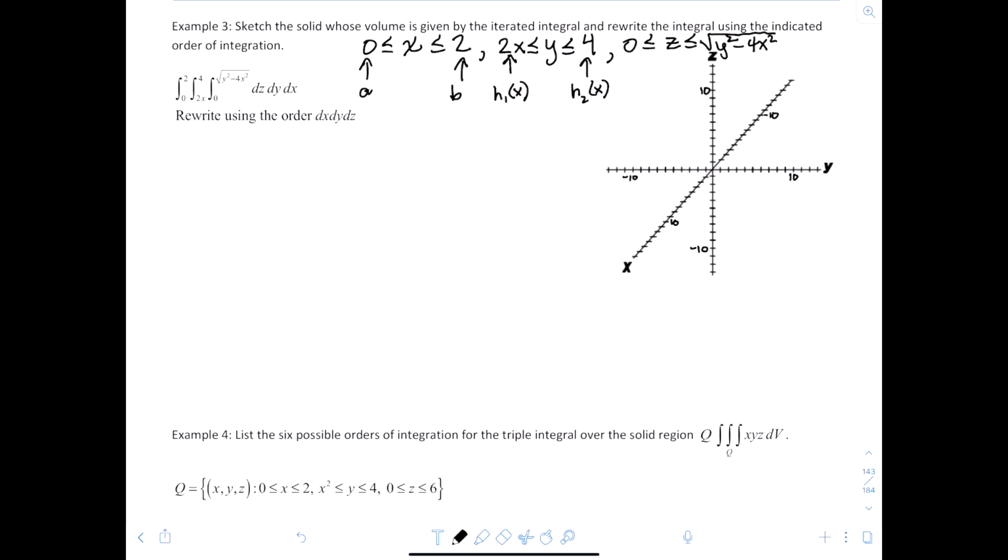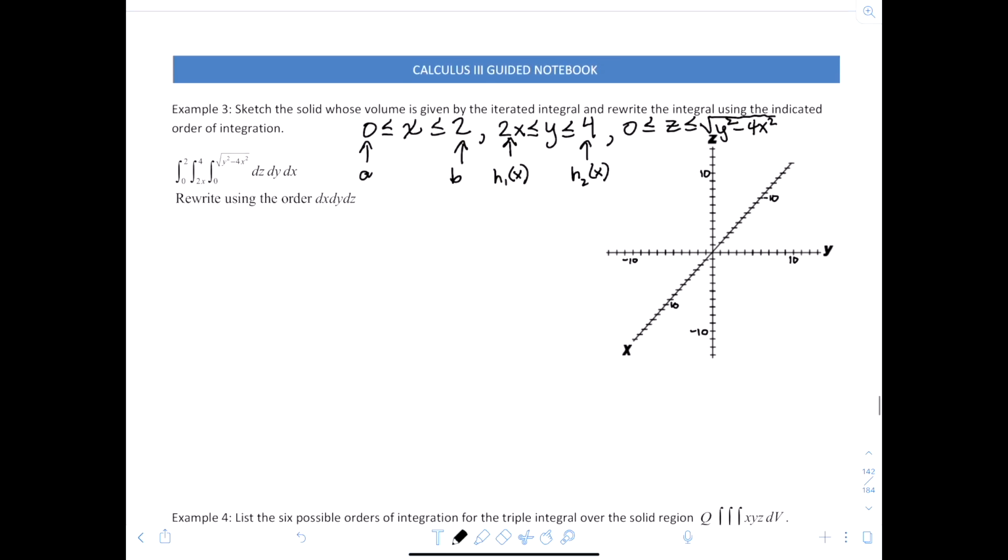And then, I'll go above this time, the 0 is our g1 of x and y, and the other one, the root of y squared minus 4x squared, is our g2 of x and y. Cool so far?